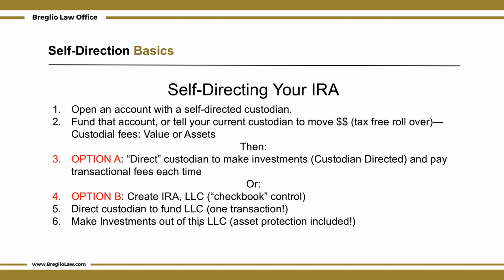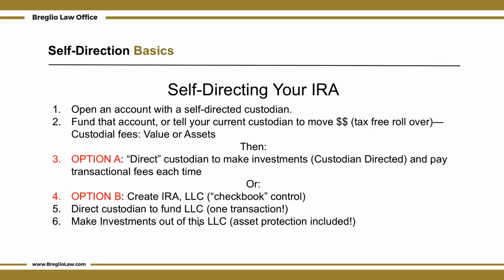Well, you can make a contribution, of course. Like if you're just starting brand new, you can take $5,000 and put it in. That's a contribution. If you've got IRA money sitting somewhere else with another custodian, you've got to tell that custodian that you want to roll it over or move it over to this new account or this new custodian.